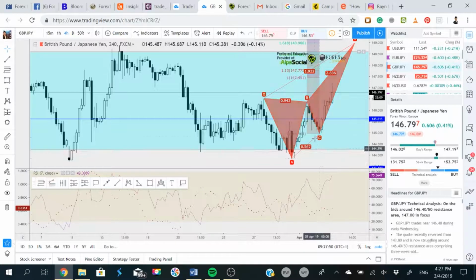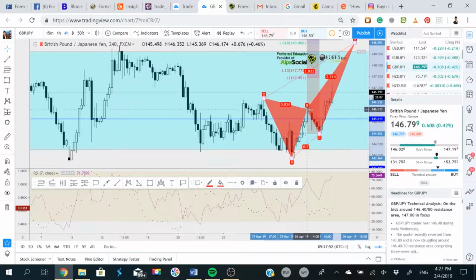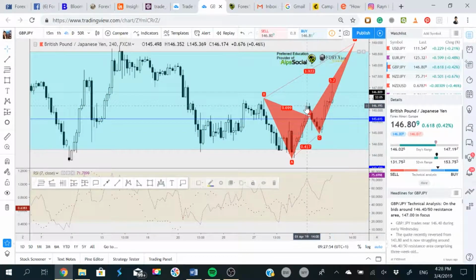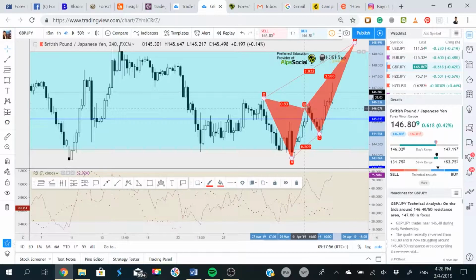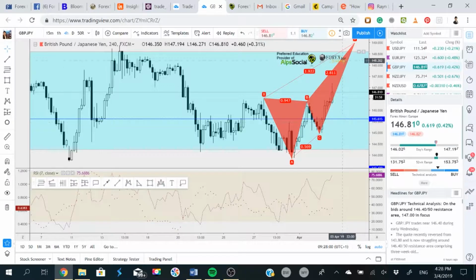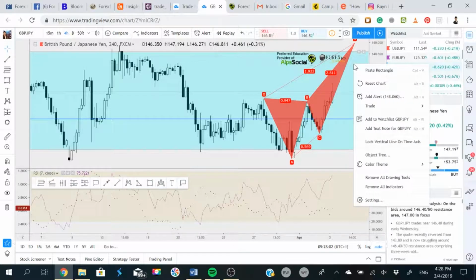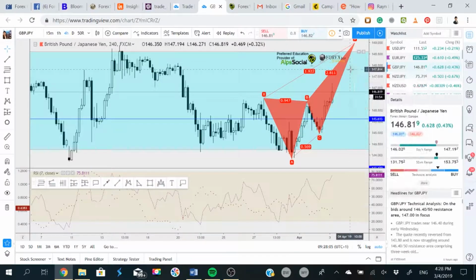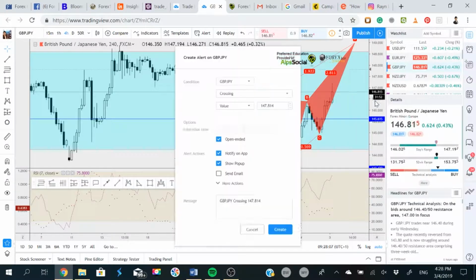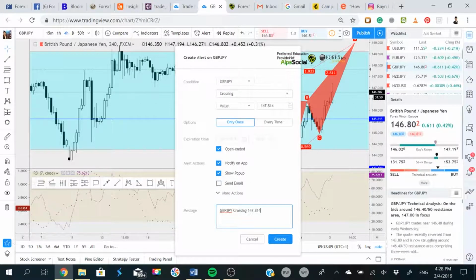Okay, this is what I have over here. Very nice. Alright, so waiting for deep crab to form up. Right click, add alert, pound yen, 4-hour chart, H4, deep crab pattern.